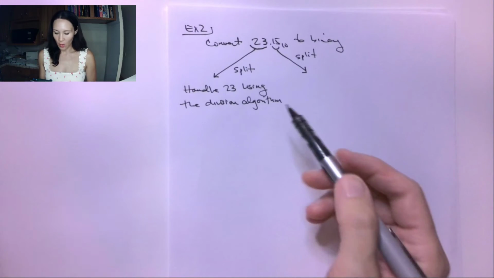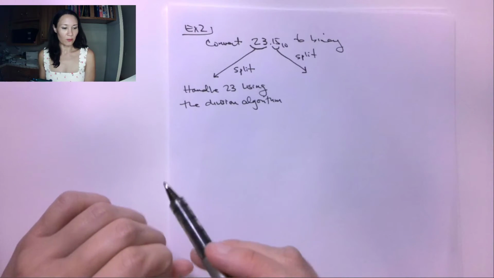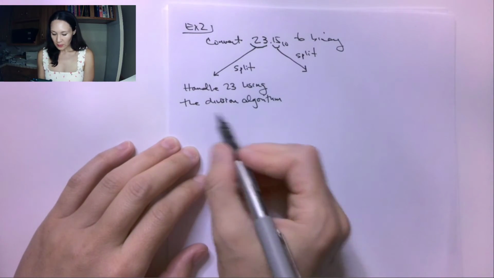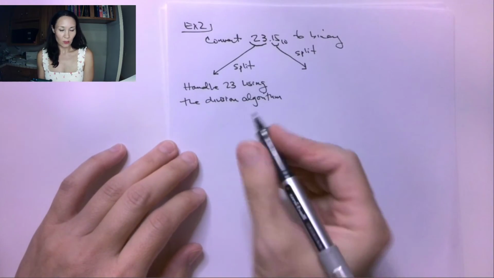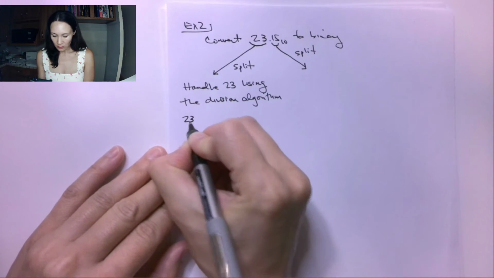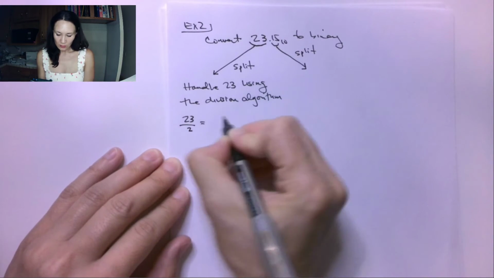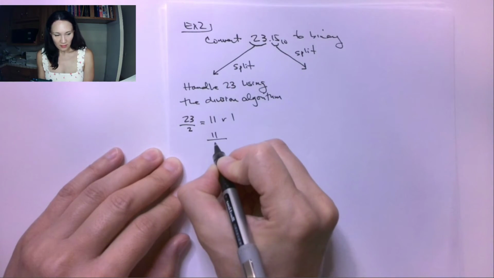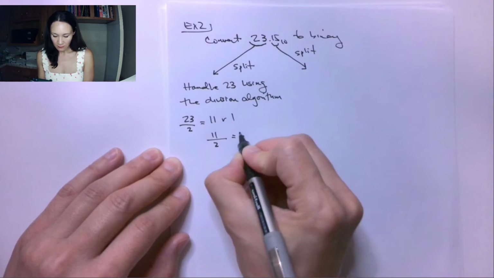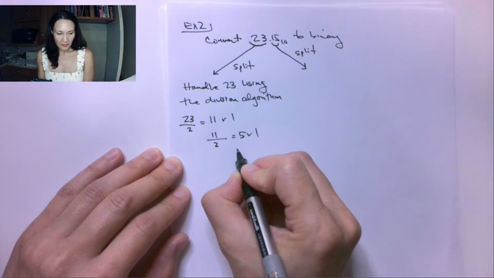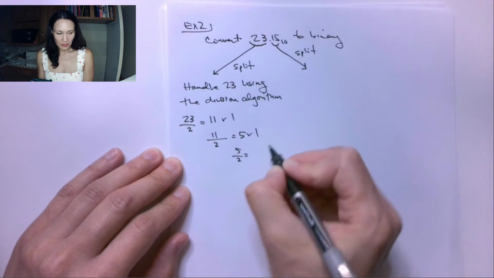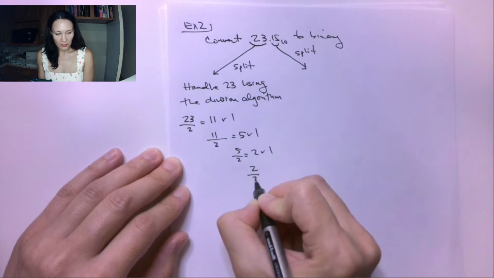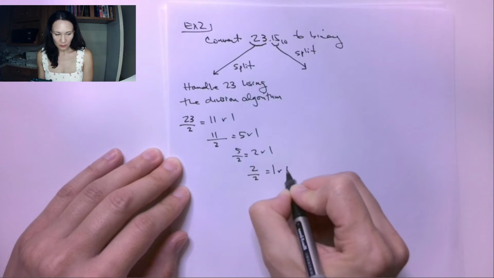If we have a whole number and we want to go from decimal to binary, we use the iterative division algorithm. I take my 23, divide by 2, that gives me 11 with a remainder of 1. 11 divided by 2 gives 5 with a remainder of 1. 5 divided by 2 gives 2 with a remainder of 1. 2 divided by 2 gives 1 with a remainder of 0.